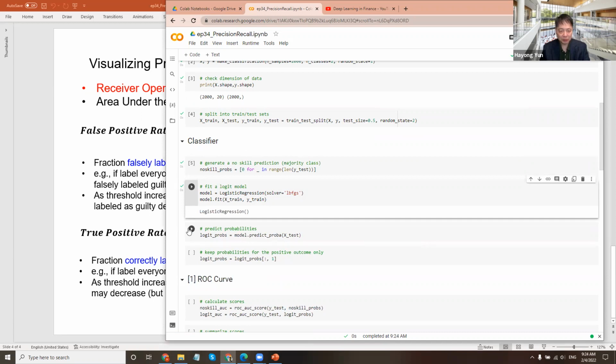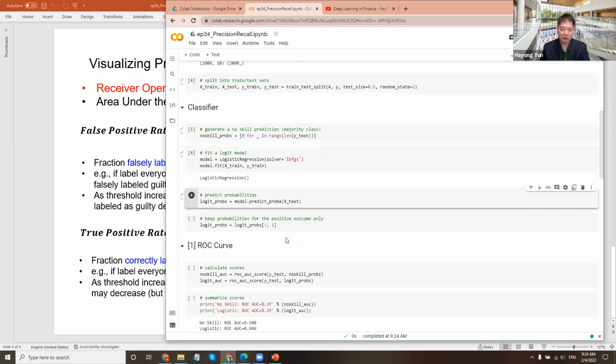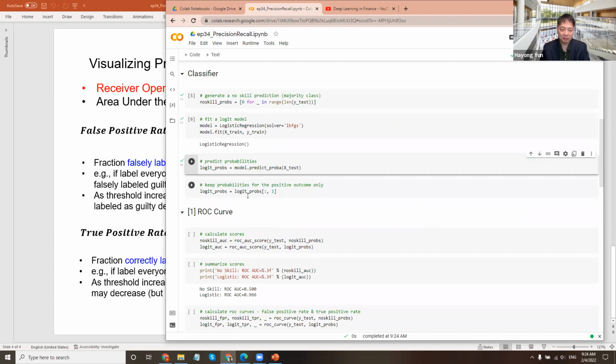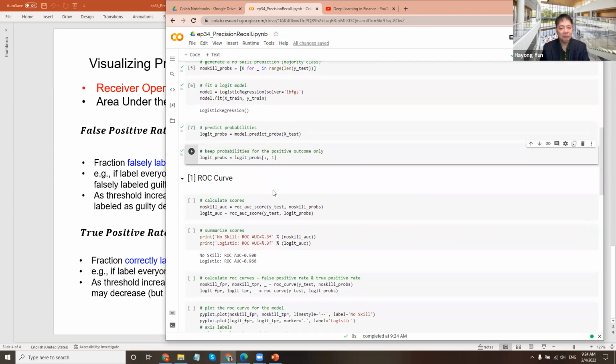And here's the predicted probability. Hopefully the logit is informative, it's skillful, so it will detect more guilty than the innocent ones. So let's keep the probability of being positive. The logit will produce a column for detecting the innocent and a column for detecting the guilty. The second column, the column indexed at 1, because 0 is the innocent, 1 is the guilty, so we keep column 1.